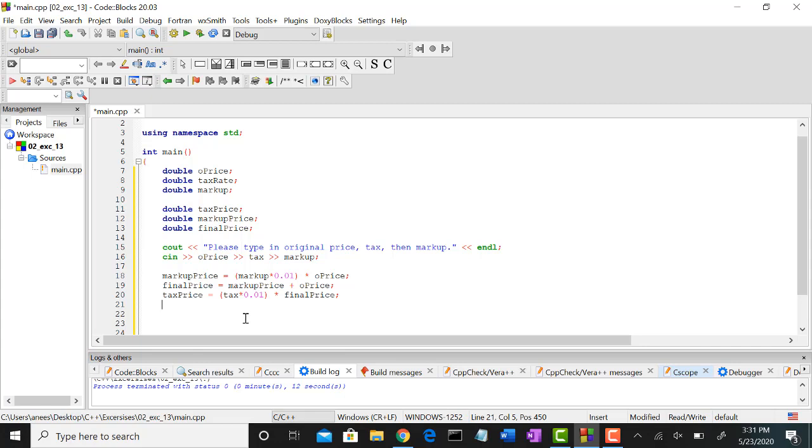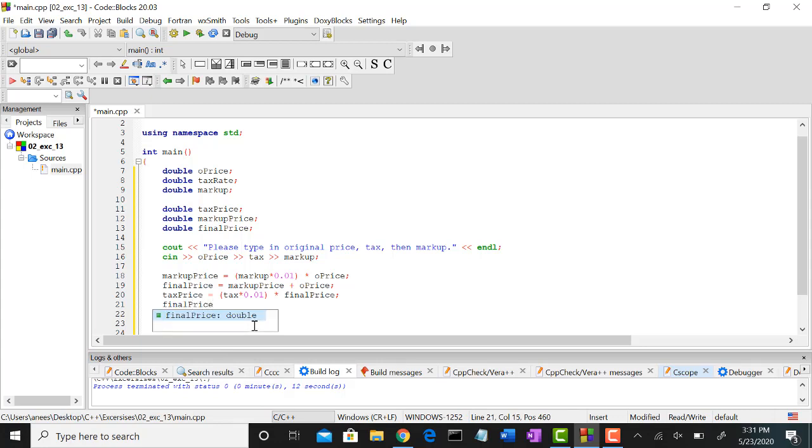The next line will be where we add the tax price to the final price, because the final price will change, not the tax price. So final price, I can't believe I keep on doing that.